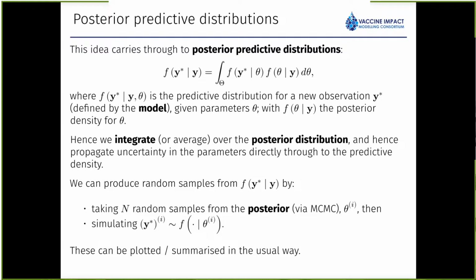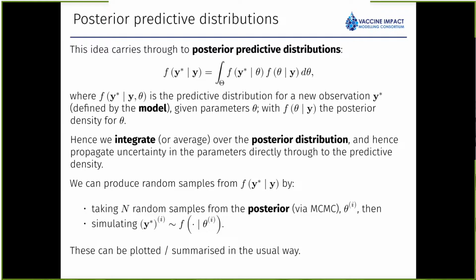Mathematically, we can define what's called the posterior predictive distribution as the integral over the posterior distribution of my model. Remember, my model depends on the parameters, okay? And so rather than fixing the parameters to be a specific value, I can produce a weighted average over the posterior distribution, and that integrates out the uncertainty in the thetas, okay?